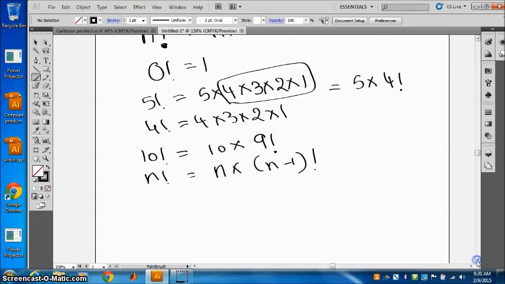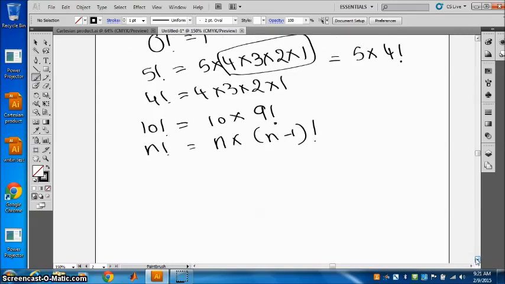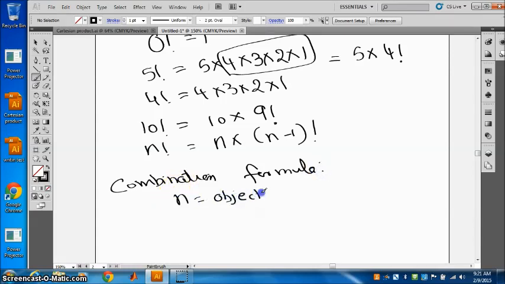Formula for combinations. If you want to use a formula to find combinations, suppose there are n objects and we have to select r at a time. We have to select r objects out of n.